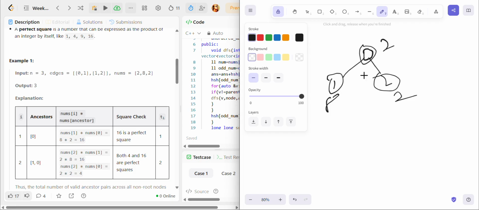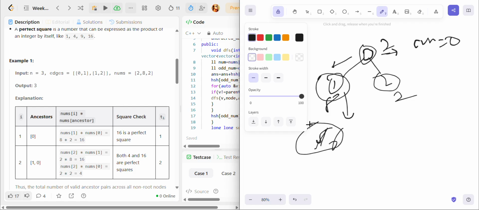So we have to check for each node. Coming to the 0th node, there are no ancestors, so the answer is 0 till here. Then we come to the first node, whose value is 8, so 8 into 2 is equal to 16, which is a perfect square.